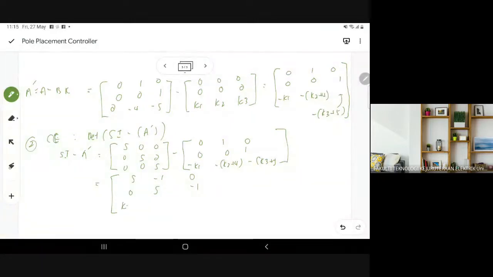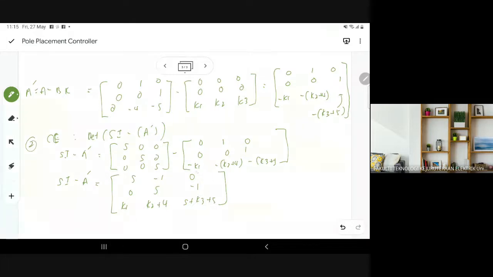This will be K1, this should be K2 plus 4, and this one is s plus K3 plus 5. This is your sI minus A, the new A. And finally, you need to calculate the determinant of sI minus the new A.